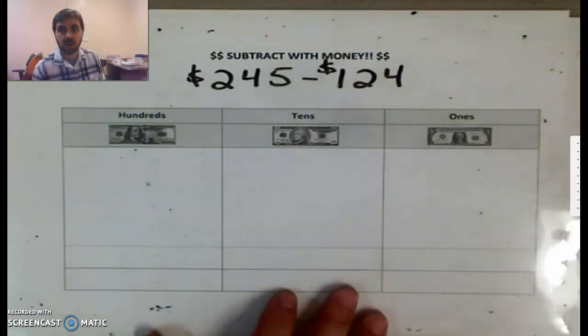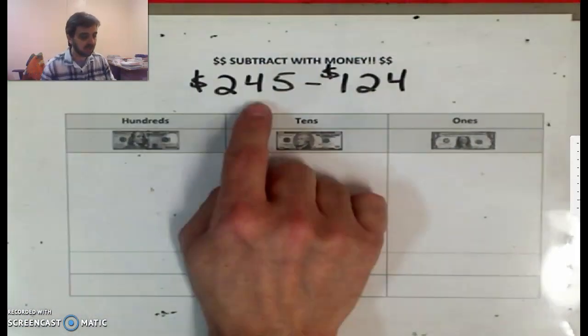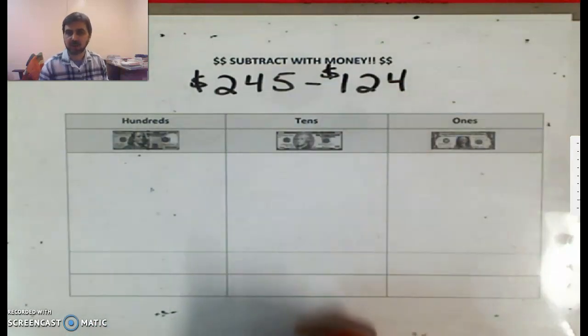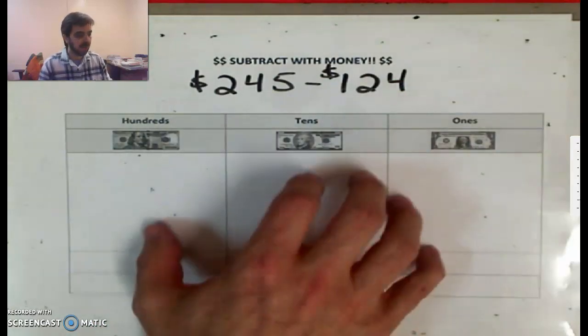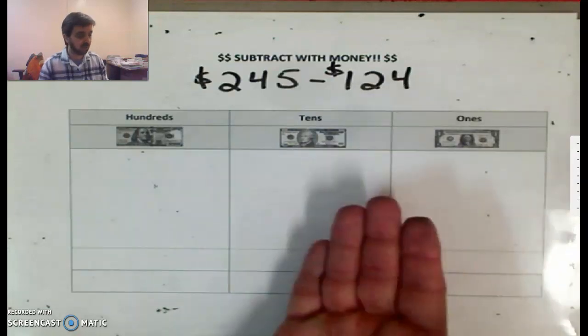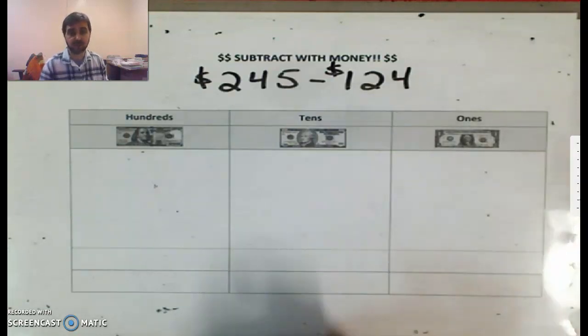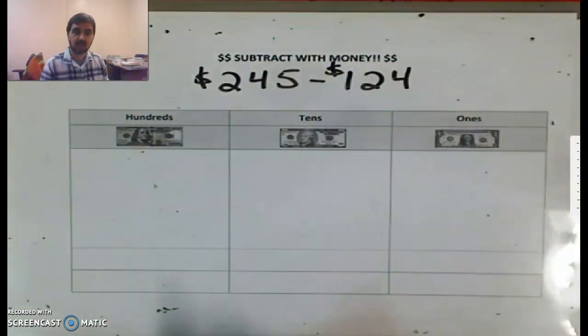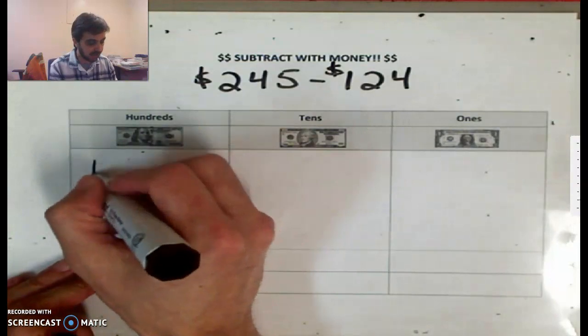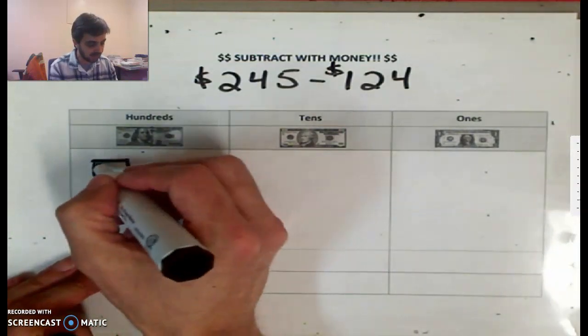Okay, all right, so boys and girls, let's do a simple problem. I'm going to show you one, and then why don't you try it, okay? So you have this paper in your packet, so you just need to slide it into a dry erase sleeve, and you can write all over it, okay, and then erase it. So I have $245, so I'm going to do it like this, 200.